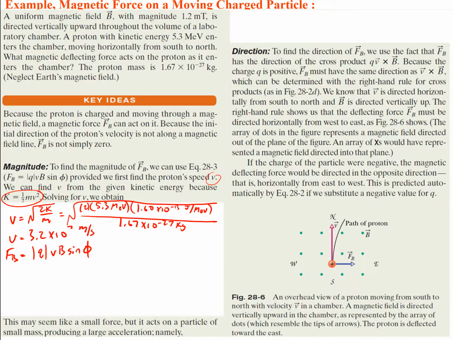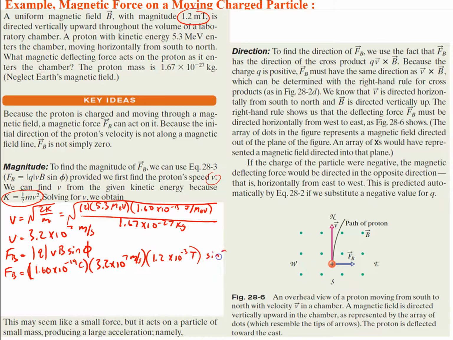Now we can go ahead and plug in values. Our charge is going to be 1.60 times 10 to the negative 19th coulombs, which is the charge of a proton in this case. Then we multiply that by the velocity we just found, 3.2 times 10 to the 7th meters a second. Multiply that by our magnetic field, which is 1.2 times 10 to the negative 3 Tesla, as given in the problem up here.